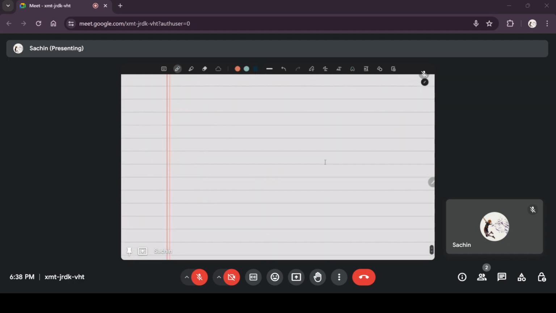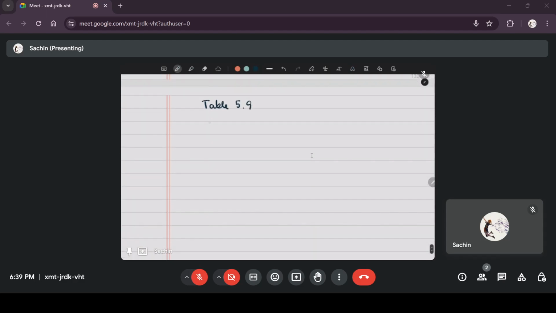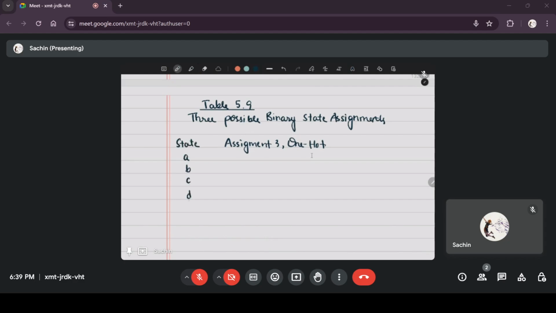And table 5.9 is as follows. Three possible binary state assignments, of which assignment 3 is the one hot assignment, which assigns A, B, C, D, E to the states.